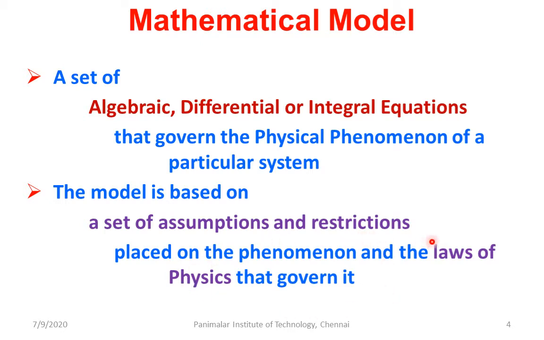These types of errors are called modeling errors. Whenever we use assumptions, we are simplifying the physical phenomenon to make the conversion to mathematical equations easier.